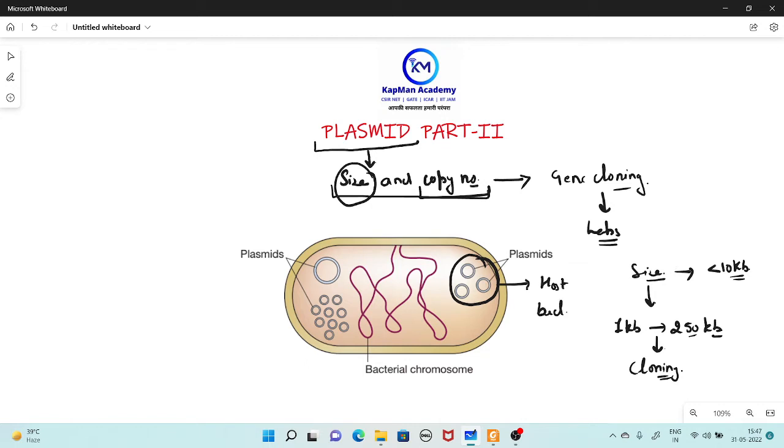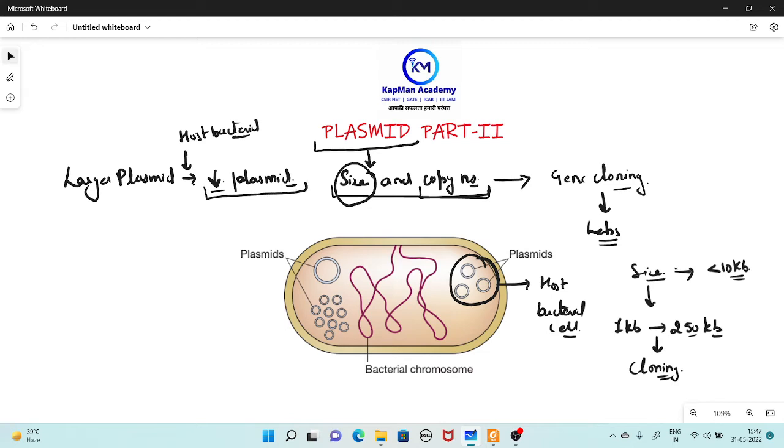The larger plasmids in the host bacterial cell have a lesser number of plasmid molecules, right?